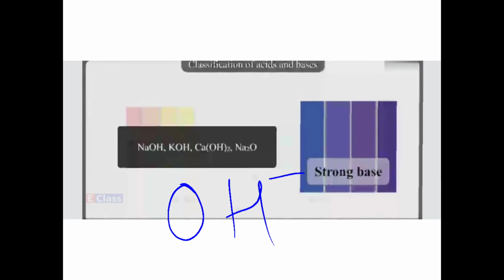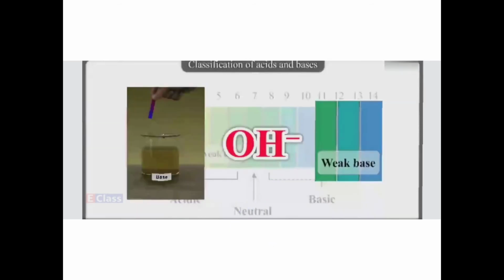And can you think of what will be the definition of a weak base? Weak bases are substances where complete dissociation does not take place, and a large proportion of undissociated particles are there. Okay, so such things are called weak bases. What is an example? Ammonium hydroxide.